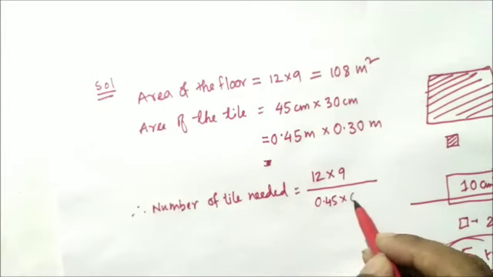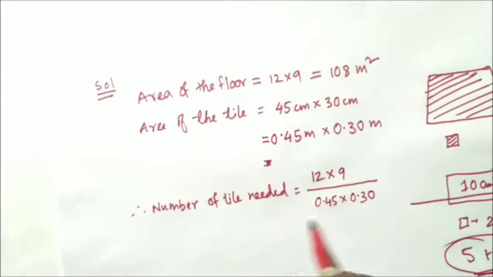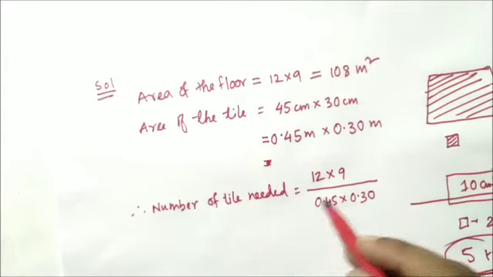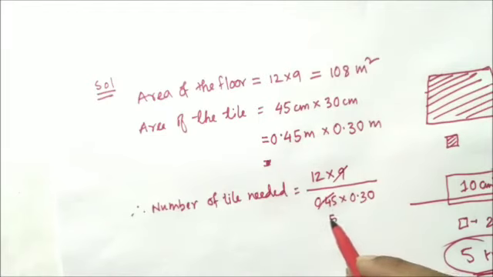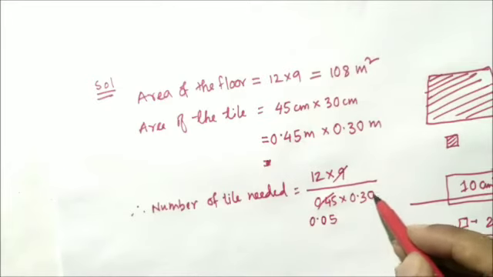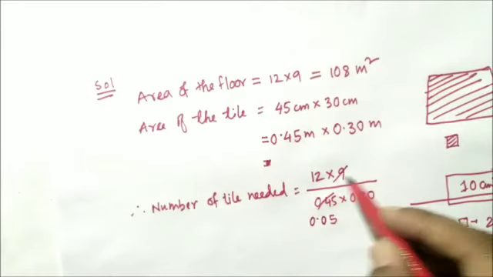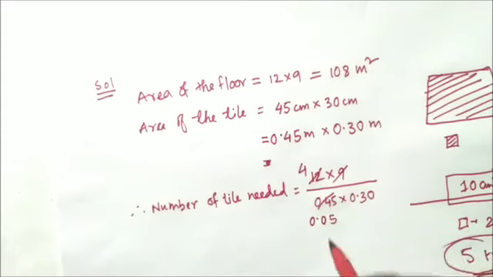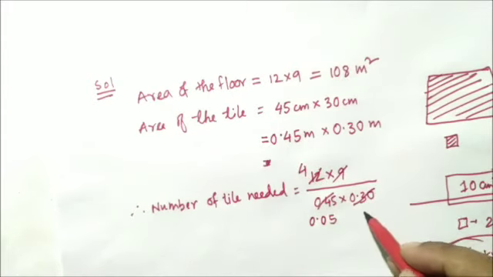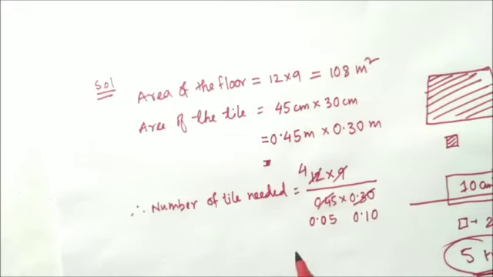And in the area of the tile, what will I write? 0.45 into 0.30, right? Now 9 5s are 45, but here there are 2 places. And 0.3, so 3 by 3 you can cancel this one. 3 4s are 12, and by 3 if you cancel it, 3 10s are 30, so 0.10.